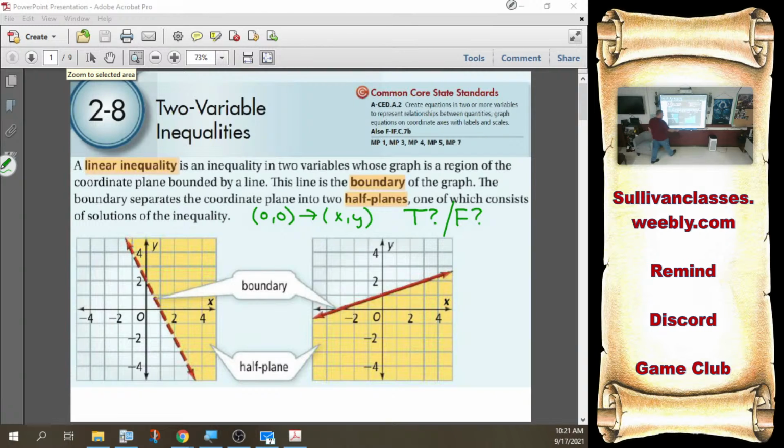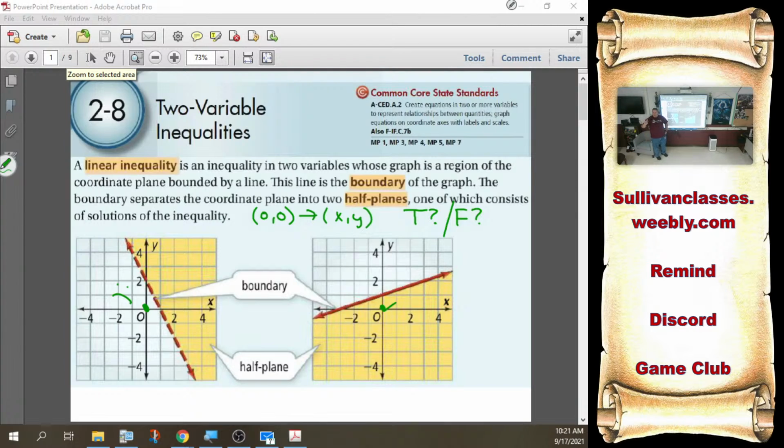Like this one, whatever this equation is, if I plug 0, 0 in and it works, then that means everything on that side of the line works. Shade that side. But if I plug in 0, 0 and it does not work, that means it's not a solution. So nothing on that side is a solution. Shade the other side. Okay?